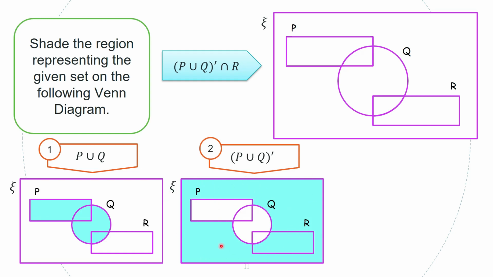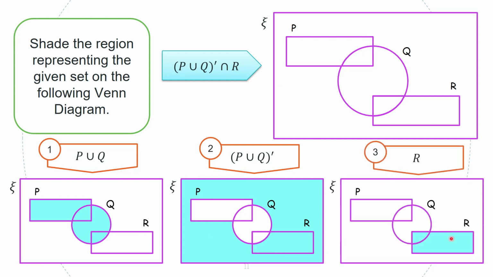Okay, we shade this part, and then we find set R. This is set R. Now we have determined these two: the complement of set P union set Q, and set R. Now the question asks us to find the intersection of the complement of set P union set Q and set R, the intersection between these two.